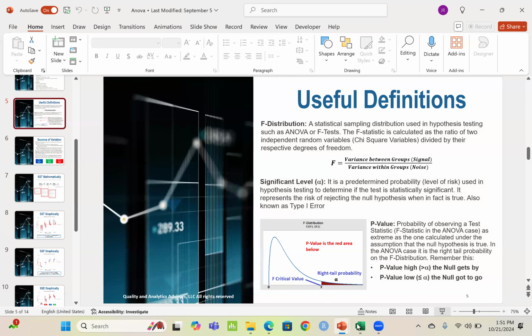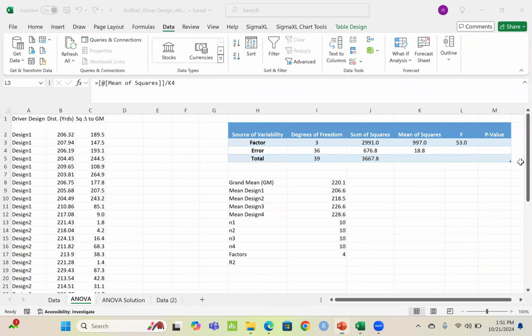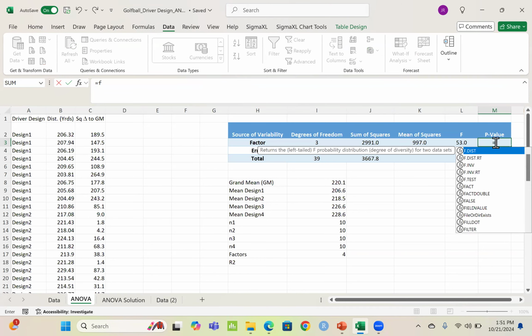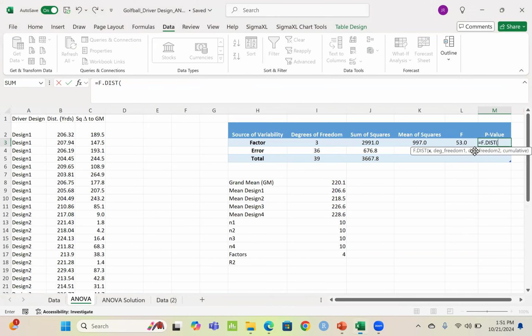In Excel, we can actually calculate the p-value. The way to calculate the p-value in Excel is by using the F distribution. The F distribution is here, and we need to tell it what is x. X is going to be this. The next thing we need to tell it is the degrees of freedom of the numerator, which is going to be this.